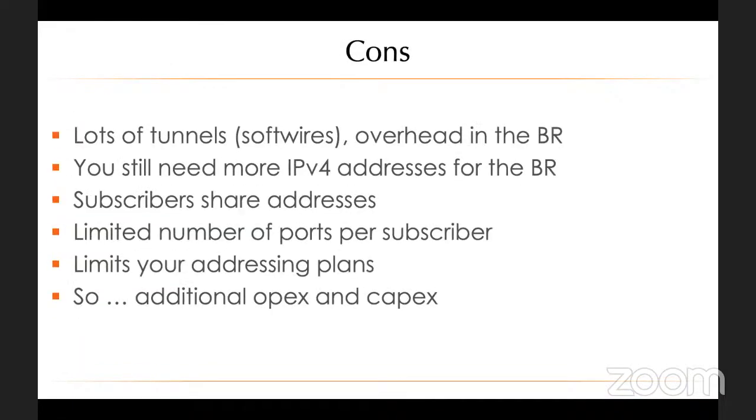But the disadvantages with this, and later on you're going to give us more insights, right? You can see we still have the same disadvantages as what we had with Lightweight 4/6. It's still tunneling, so you end up having a lot of tunnels, which is overhead in the BR, that's the device in the provider's network. And then, of course, you still need more IPv4 addresses. I think we've mentioned this.